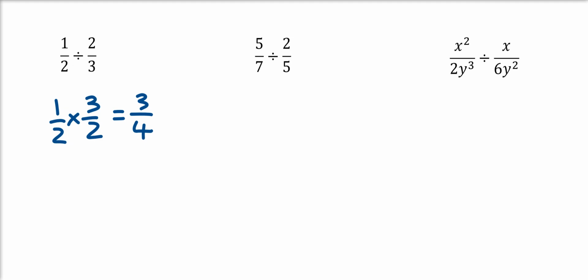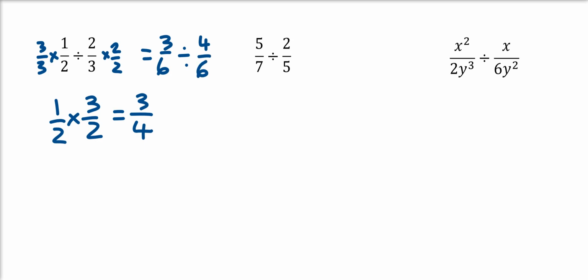If we found the common denominator here with division, well, it would be 6's, wouldn't it? So times by 1 in the form of 3 over 3, times by 1 in the form of 2 over 2. Happy with that? That leaves me with 3/6 divided by 4/6. Okay?